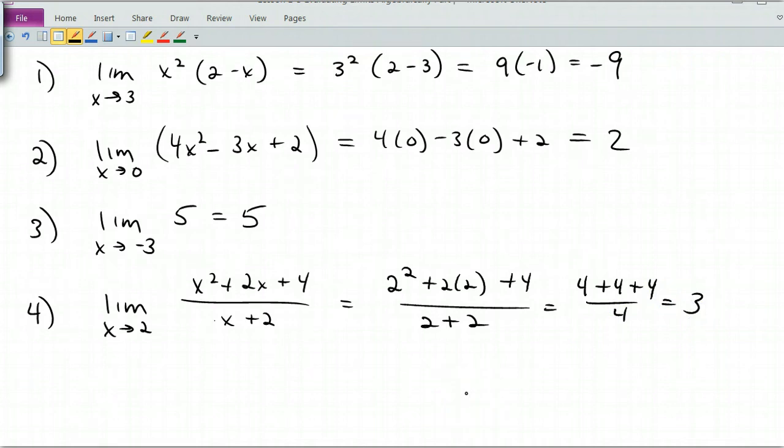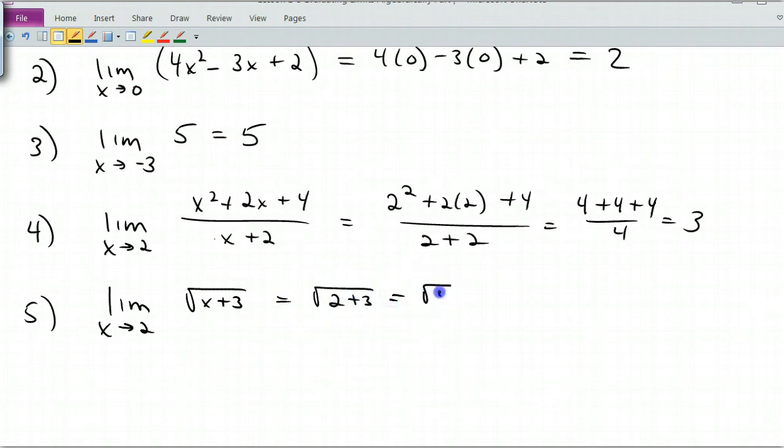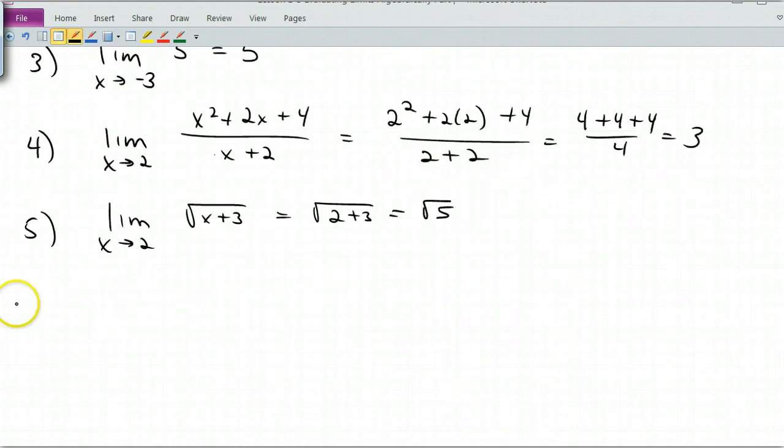Alright, just a couple more of these. Number 5. The limit as x goes to 2 of the square root of x plus 3. Substitute in, square root of 2 plus 3, root 5. This is easy. One last one. What if you have a composite? x goes to -2.